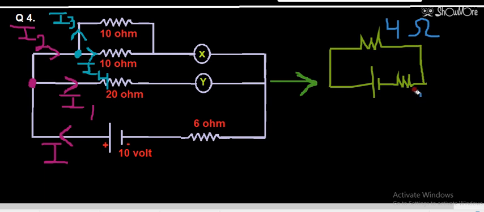This is 6 ohm resistance and this is the battery of 10 volt. So now students, you can see the same current will be flowing through this 4 ohm and through this 6 ohm. So that means now 4 ohm resistance and 6 ohm resistance will be in series combination.